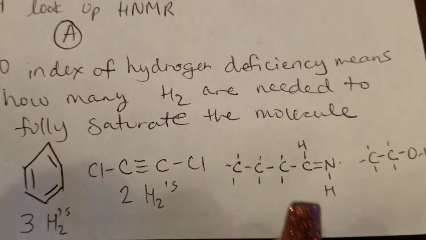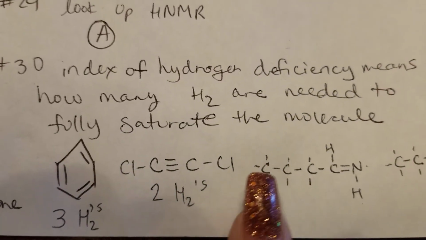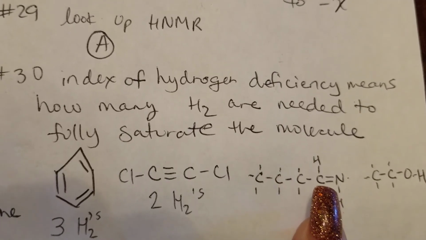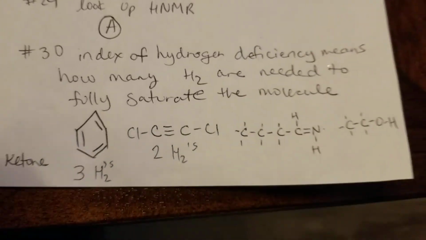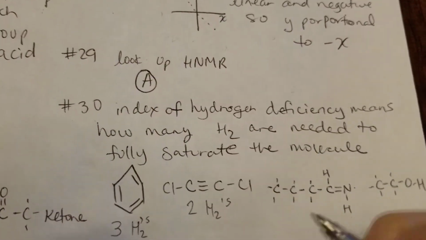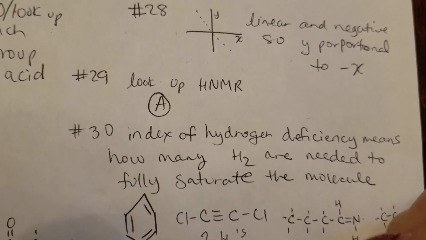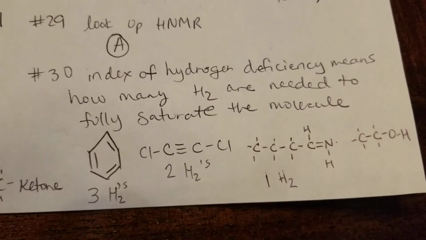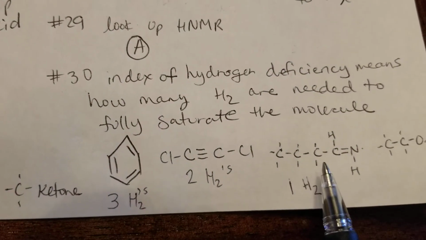The next one is C4H9N. When you draw that molecule, you find that there's going to be a double bond between the C and the N. You need only one H2 molecule to break that double bond and fully saturate that molecule.